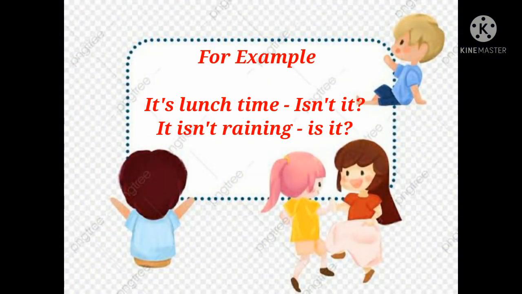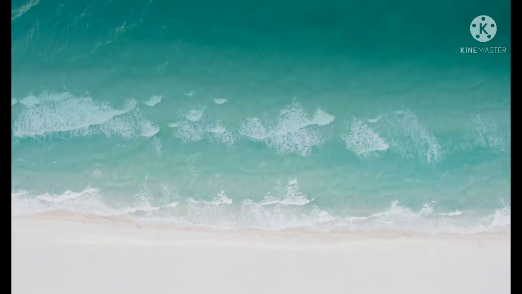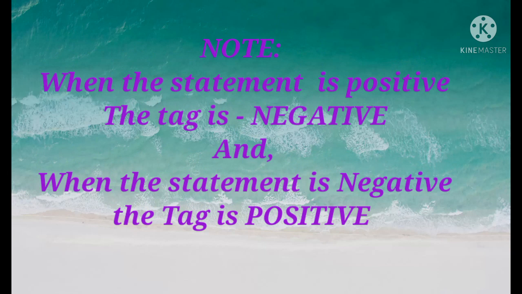For example, it's lunchtime, isn't it? It is not raining, is it? Notice that when the statement is positive, the tag is negative, and when the statement is negative, the tag is positive.